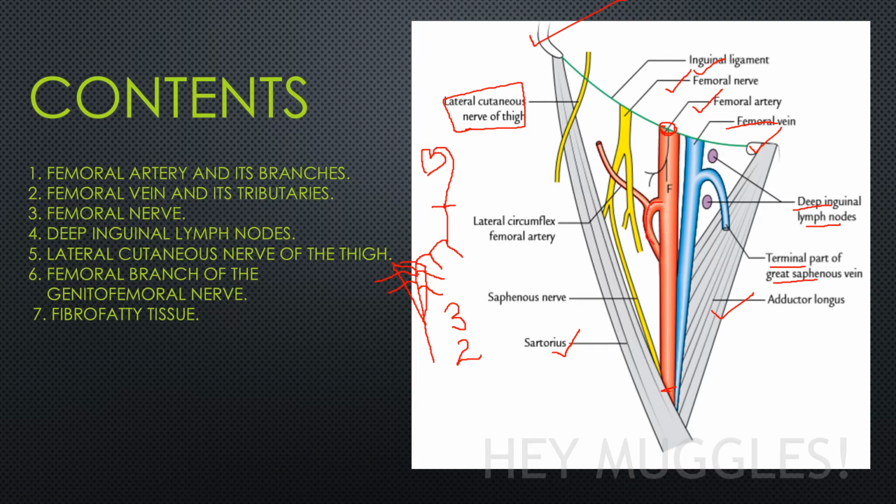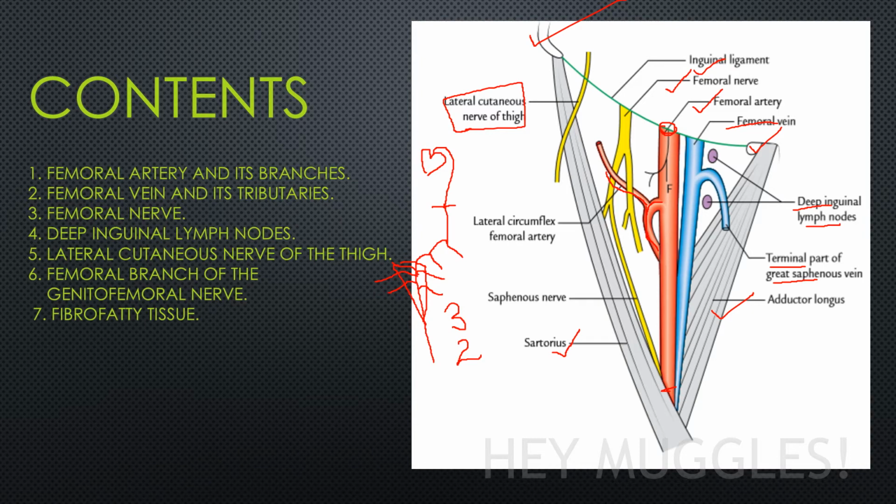This artery is a profunda femoris, and it gives two branches: one lateral circumflex artery and one medial circumflex artery, which passes through backward. That's why it is not visible in this diagram. So this is your lateral circumflex femoral, and this is your profunda femoris.